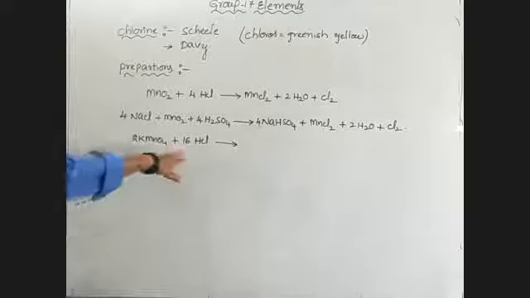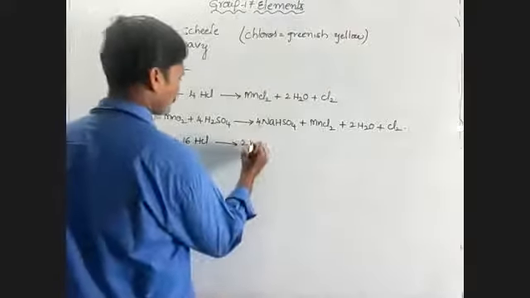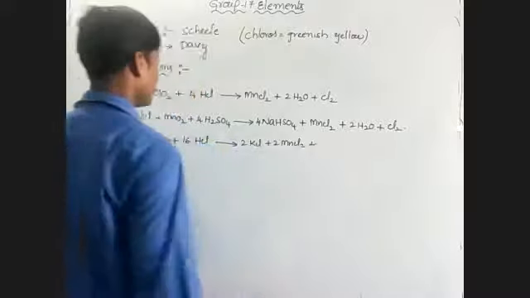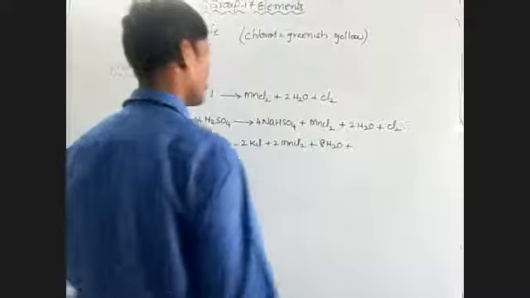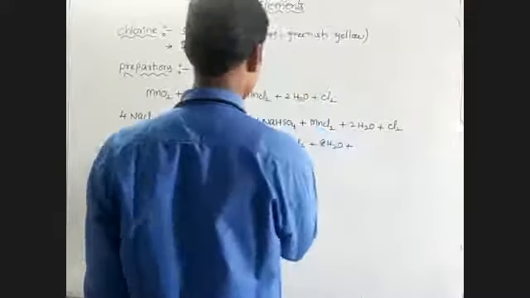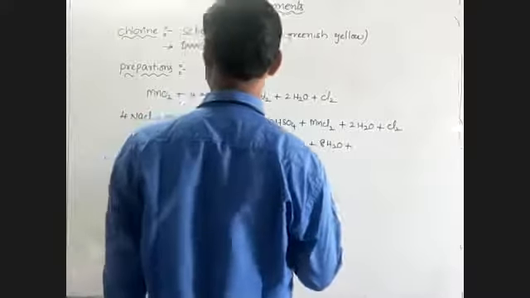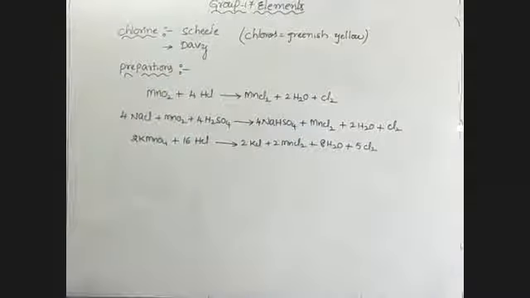It reacts with HCl and forms potassium chloride, manganese chloride, water and 5Cl2. That is the next preparation of chlorine.